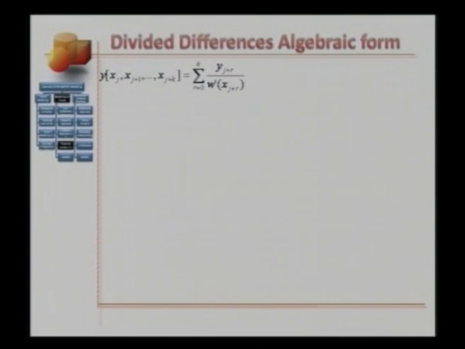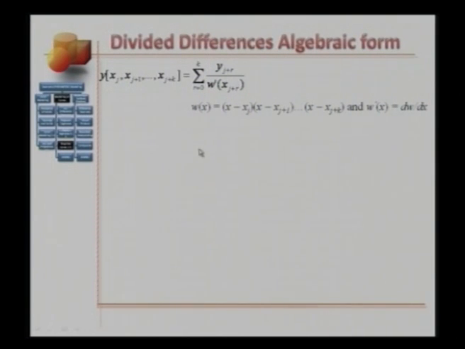I'll talk about that in a while. W prime evaluated at x j plus r. So consider a function w of x equals x minus xj times x minus xj plus 1 up till x minus xj plus k. And w prime of x is the first derivative of w with respect to x.